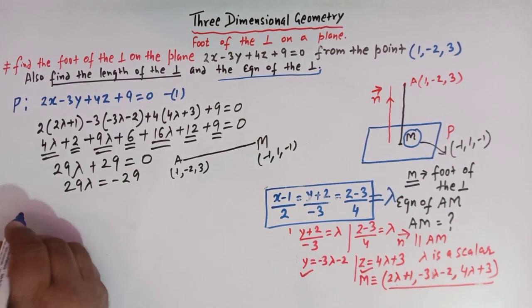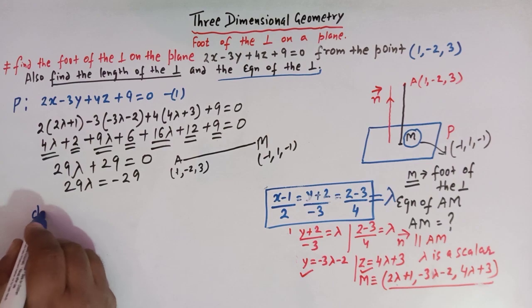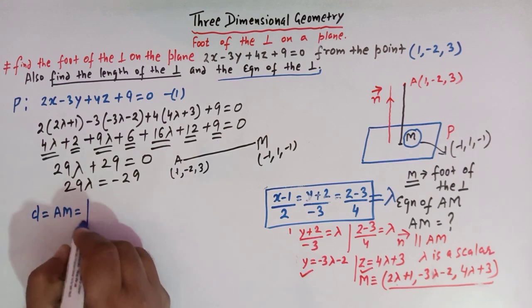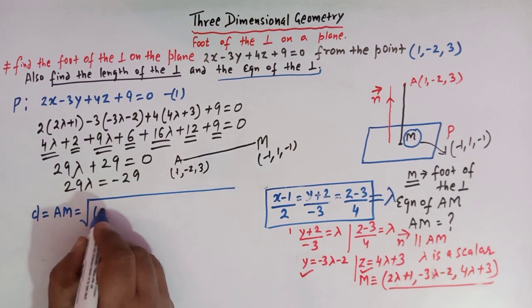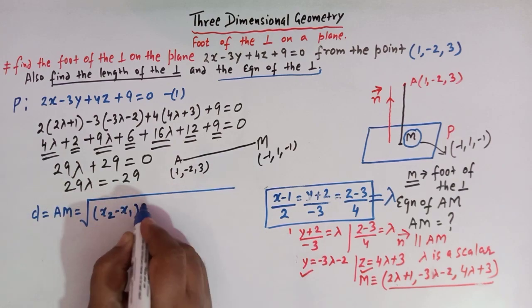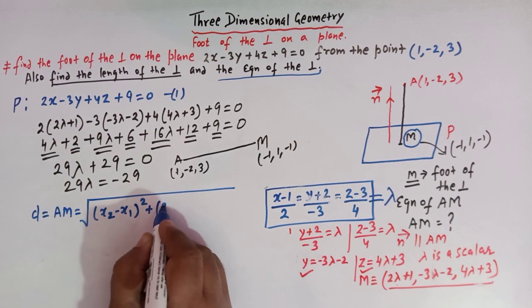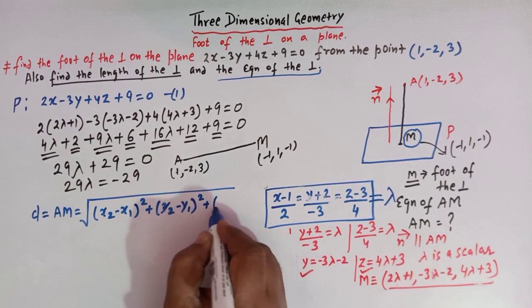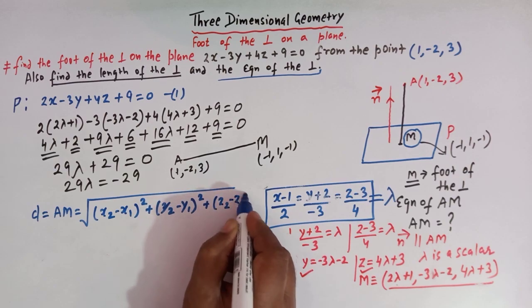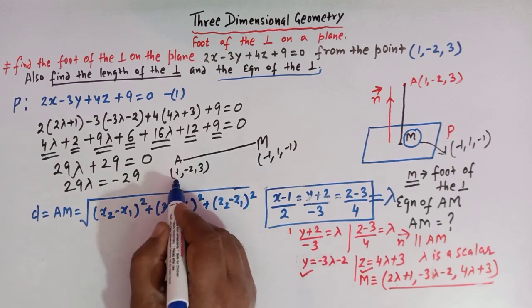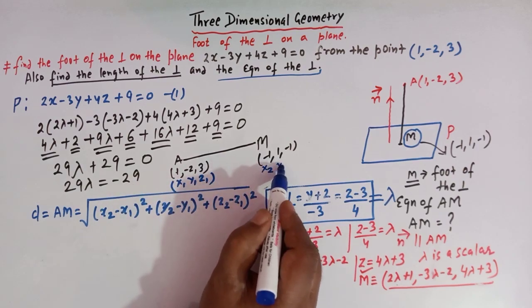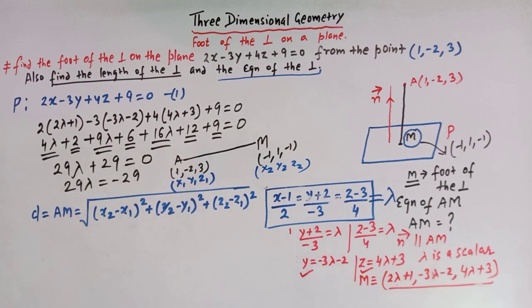The distance D or AM is given by the square root of (x2 minus x1) whole square, plus (y2 minus y1) whole square, plus (z2 minus z1) whole square, right? So this is x1 y1 z1, and this point is x2 y2 z2, right?